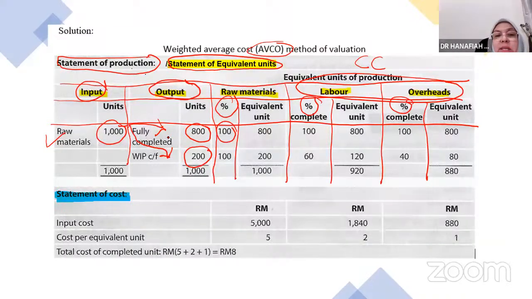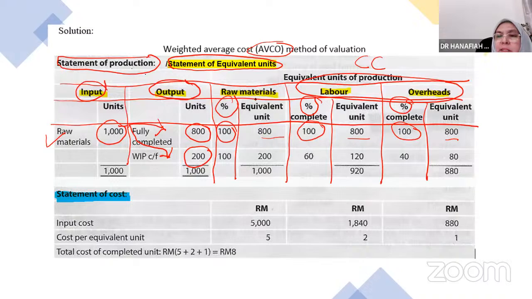Of course, this 800 is 100% for raw material, 100% for labor, and 100% for overhead. So it is easy, 800 times 100%. That's why you can see here 800, 800, all the same for fully completed. You have to remember, if fully completed, it means all 100%, so it is the same for raw material, labor, and overhead.